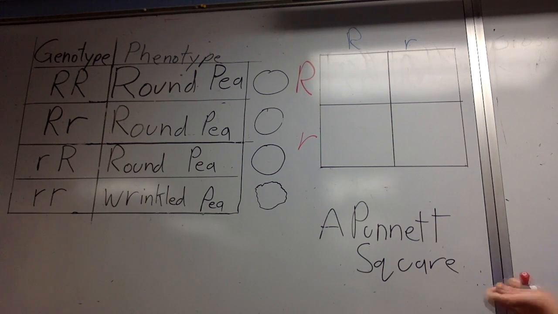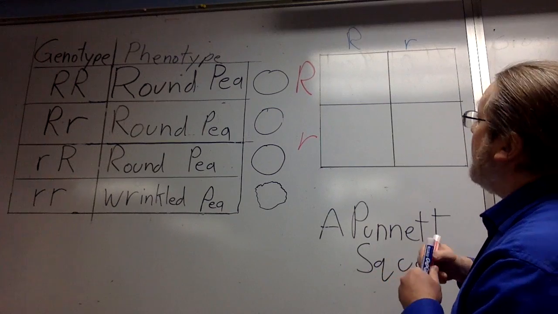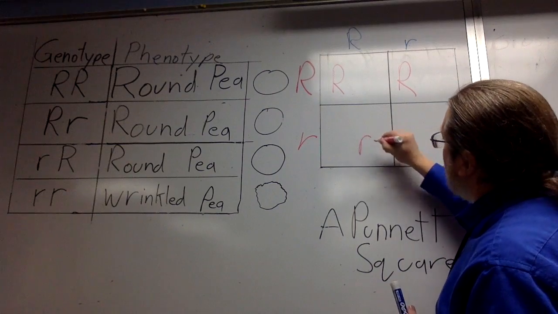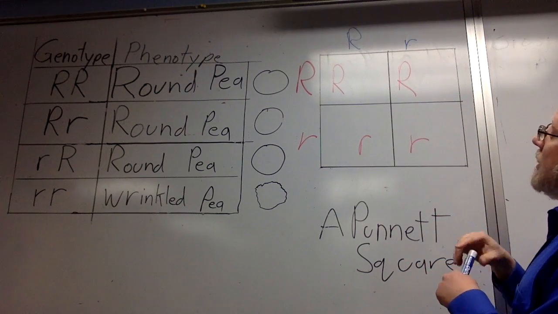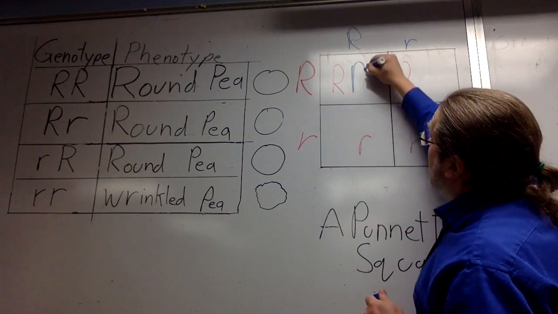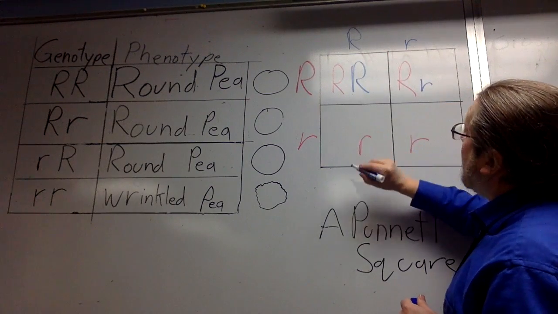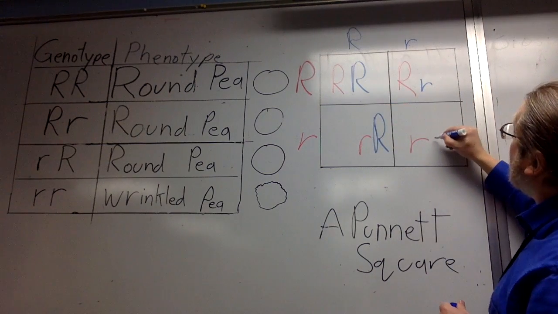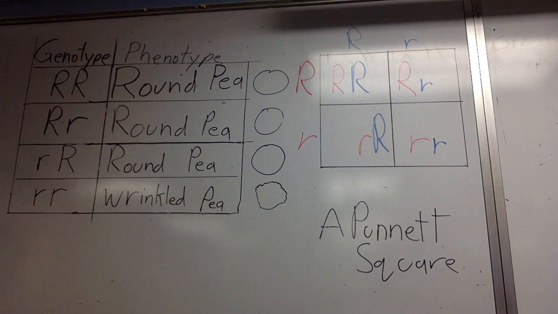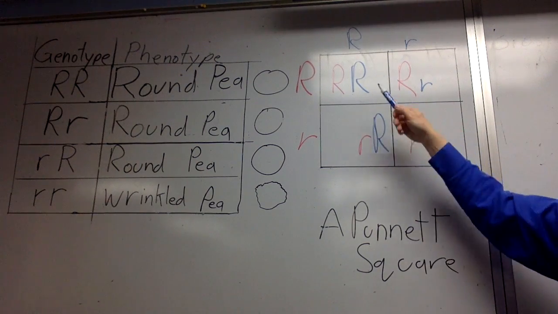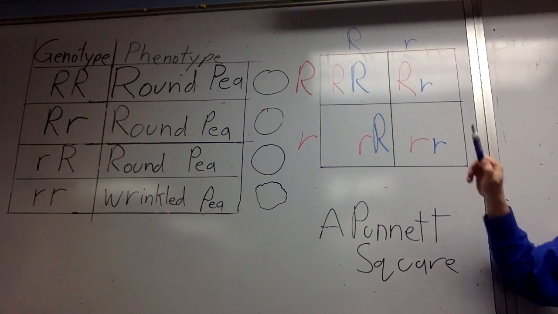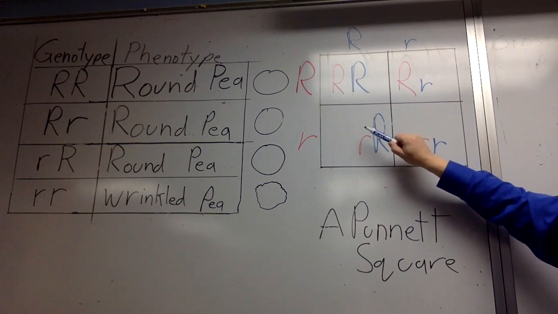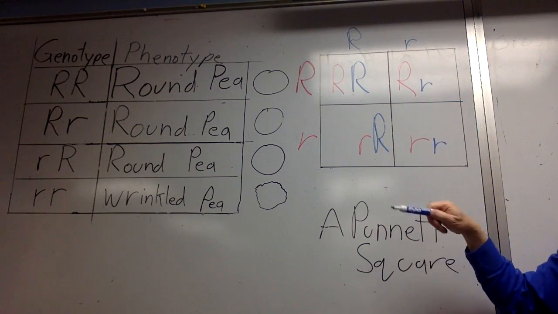And if we take a look at what our probabilities are here, you will see that out of the 100% or 4/4, 1/4 of them are homozygous dominant, 2 dominant genes. 1/2, 2 of the 4, are heterozygous.